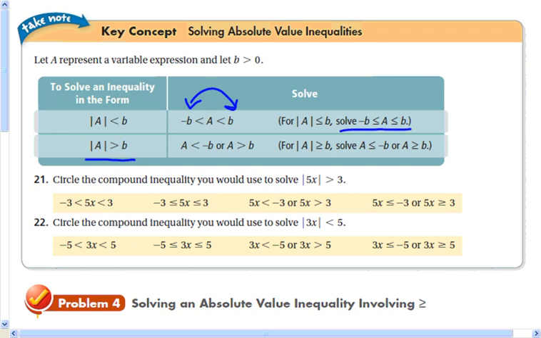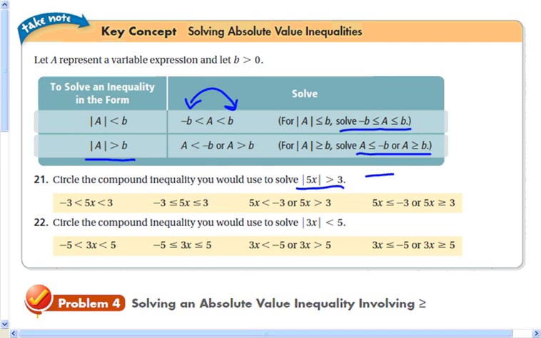For the second one, we're going to have to solve a compound inequality like that, find all the solutions. All right? So if we're going to solve the absolute value of 5x is greater than 3, that means 5x is either greater than 3 units away from 0, or it is less than negative 3 units away from 0.